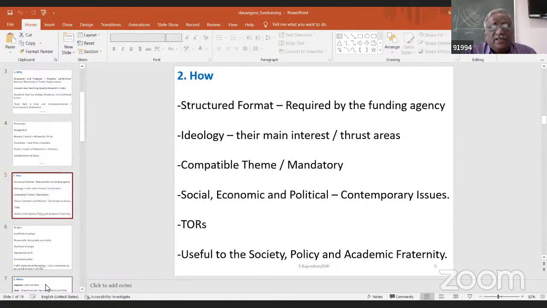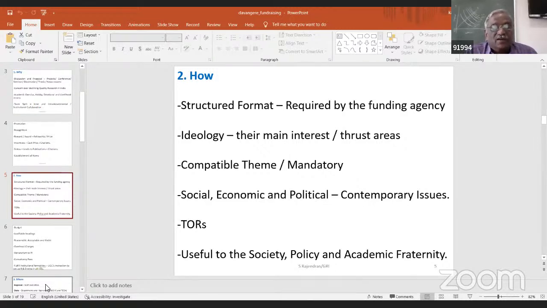And then the societal requirement, the economic importance, and the political aspect, keeping contemporary issues in view. All these three areas should reflect in your proposal.